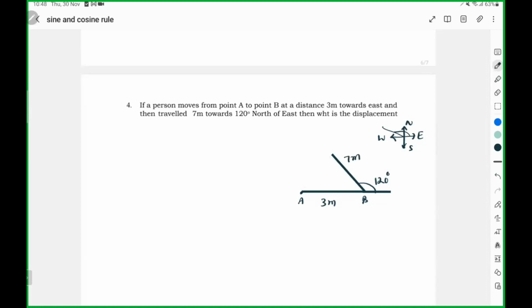So let me change the problem as 60 degrees north of east. North of east means from east to north, 60 degrees, and it becomes 120 here.